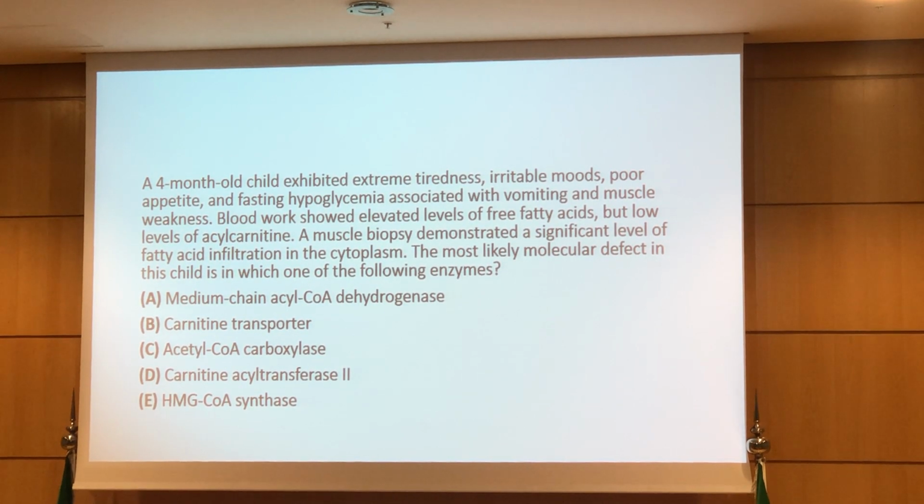Blood work shows elevated levels of free fatty acids. All right? But low levels of acyl carnitine. A muscle biopsy shows significant levels of fatty acid infiltration in the cytoplasm of the muscle. The most likely molecular defect in this child is which of the following?